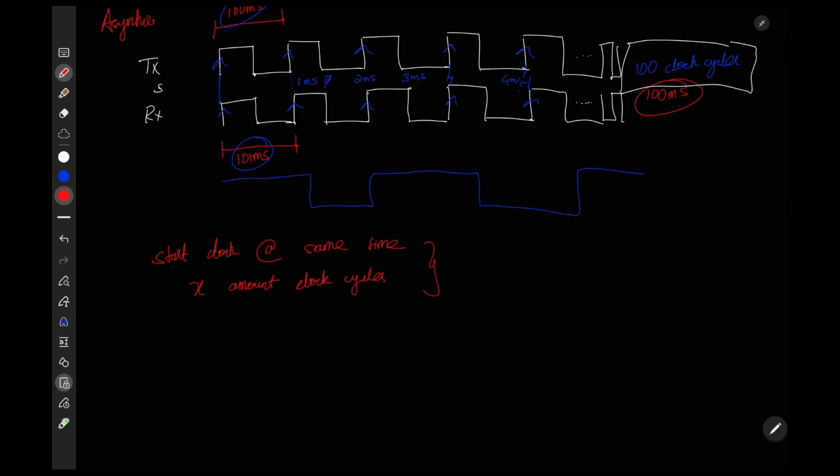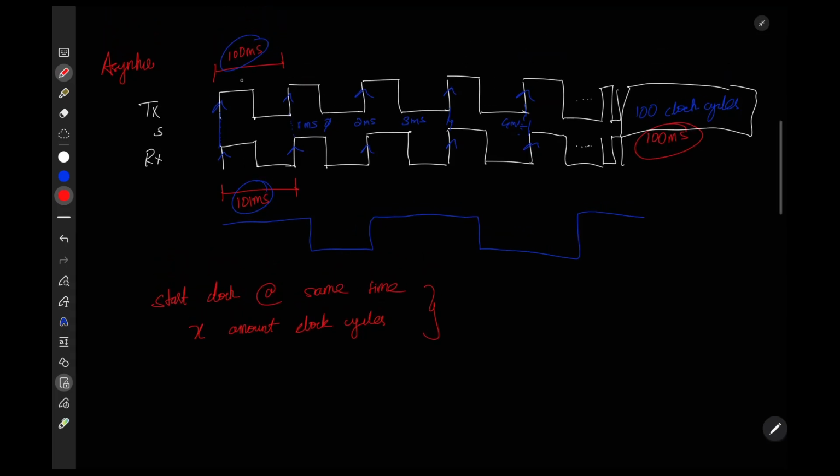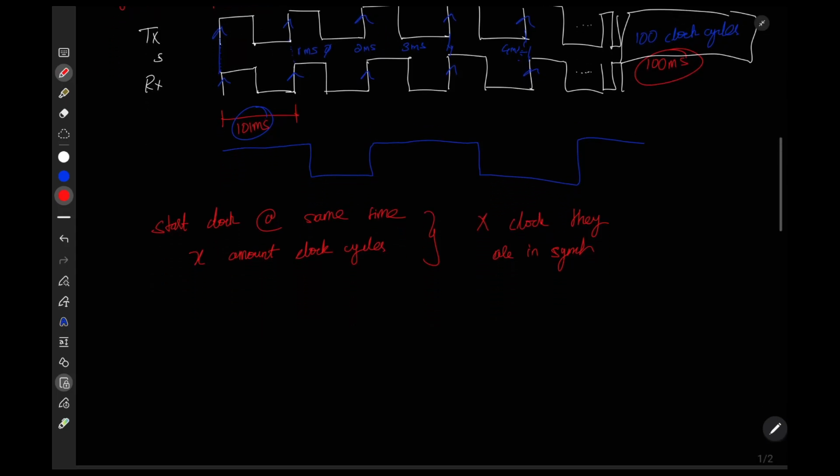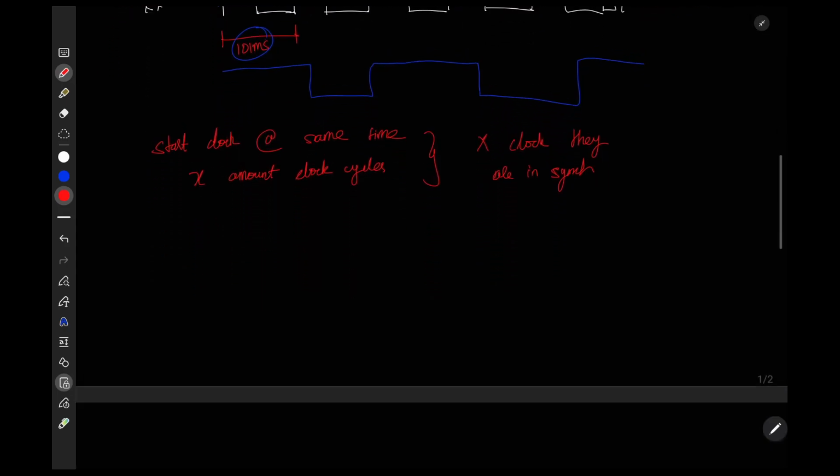That is the important fact. So even if there is a minute difference between these two clocks, for some x clock cycles, they are absolutely in sync, and this is just after starting. So that is what asynchronous communication uses.